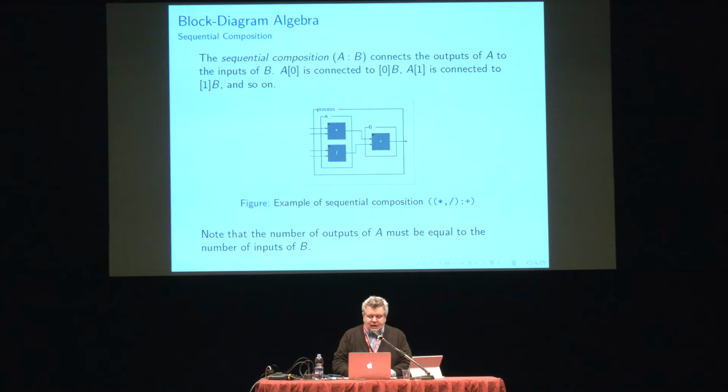Then you have the sequential composition. So for example, here you have a parallel composition of a multiplication and a division, which is represented here, and you connect that to an addition. You can do the connection because A has two outputs, okay?